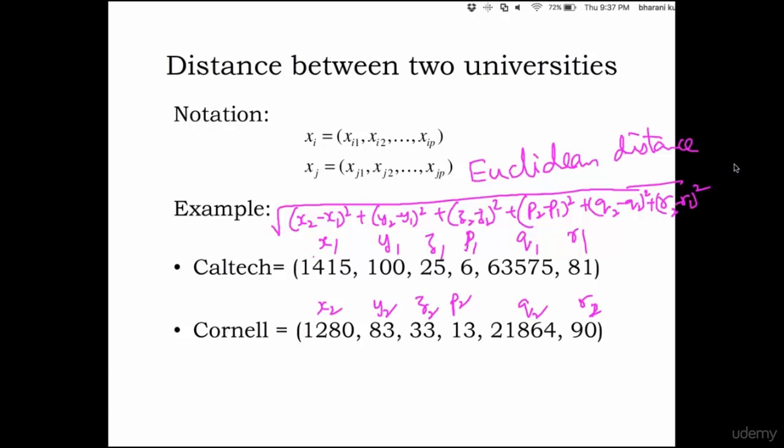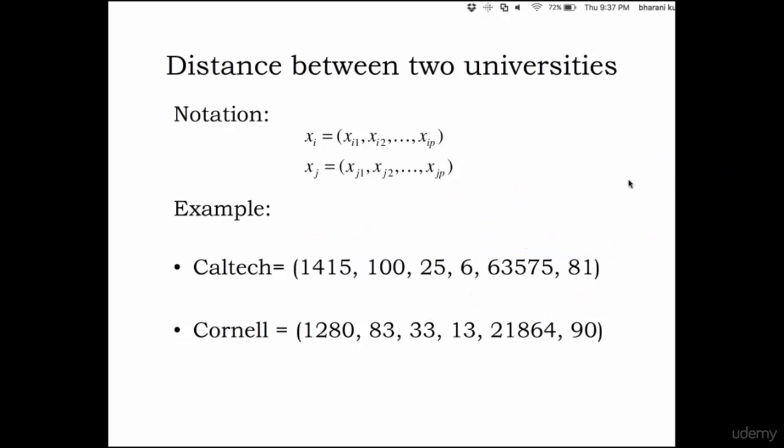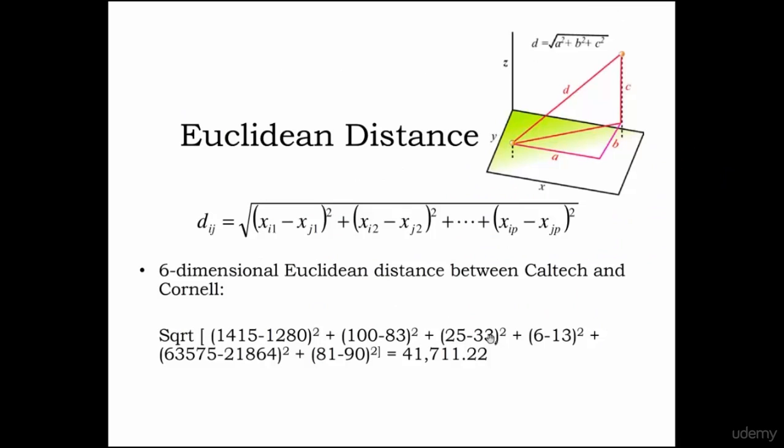If you solve for this, this is the value that you would get, which is 41711.22. If you pay close attention, you come to know for a fact that expenses is contributing to a very great extent in calculating the distance, which is wrong.